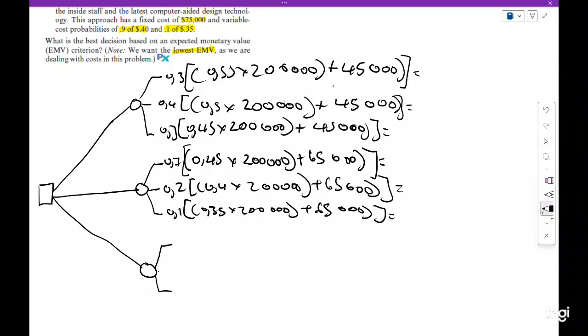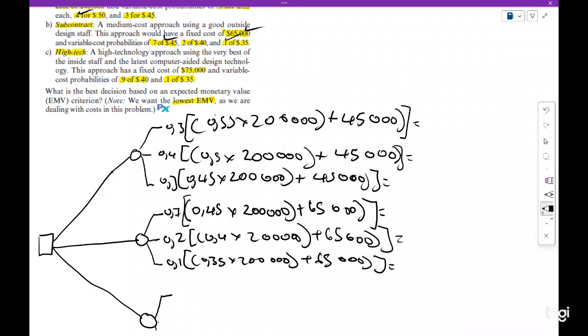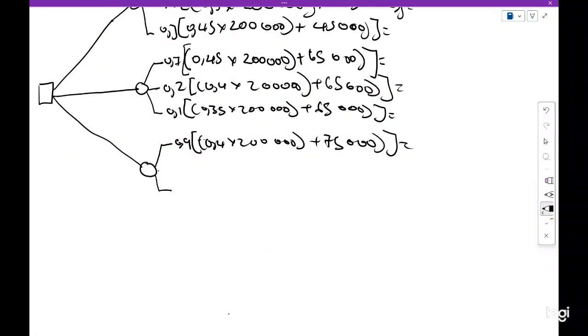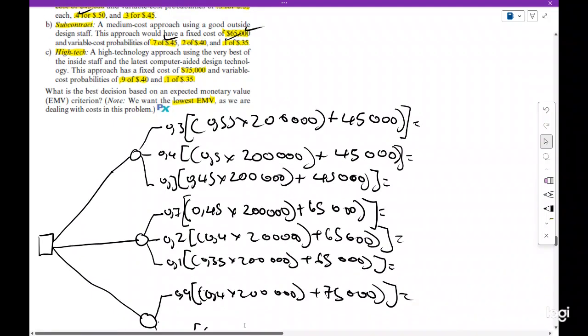Then we have the final one, which is 0.9 bracket, open bracket, 0.4 multiplied by 200,000 plus 75,000 equals to, and then 0.1 open bracket, we have 0.35, 0.4.